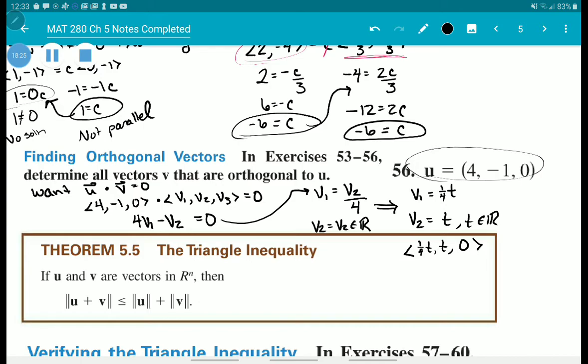Actually, no, that third component can be anything. So that third component could be anything because 0 is in that third component of the first vector. And 0 times anything here would give us a 0. So t and s are just real numbers.